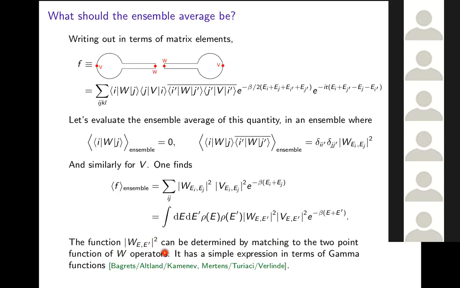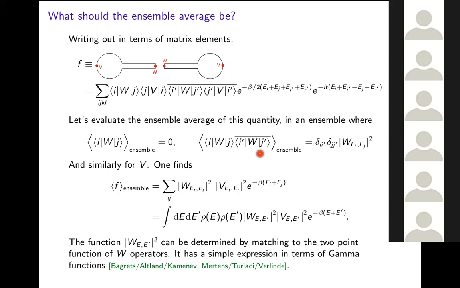And if you take the 2-point function in JT gravity, then this expression here has a simple expression in terms of gamma functions. So that's a prediction for what the answer for this should be in an ensemble where we average over the precise values of the matrix elements, but we keep track of the variance of those things.